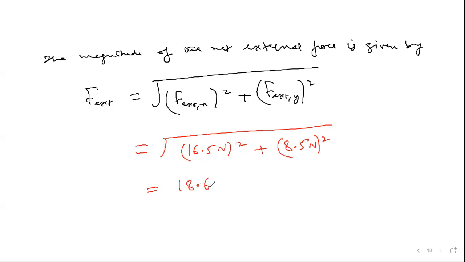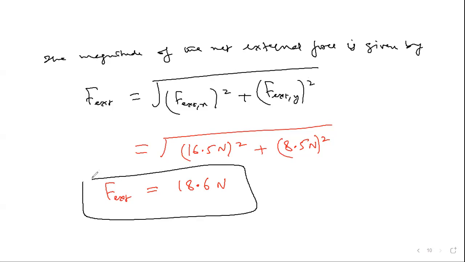Check all these values at home. So we have calculated the magnitude of the total external force. This is magnitude of the net external force. Let me encircle it. 18.6 Newton.